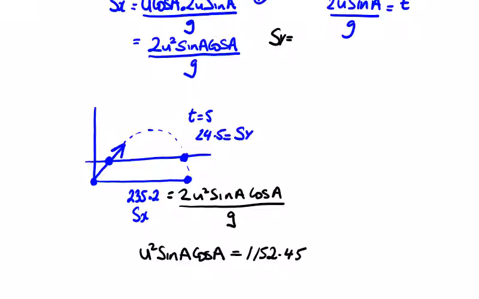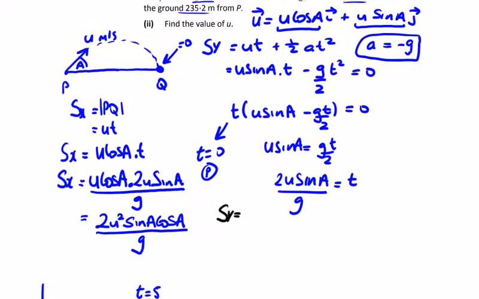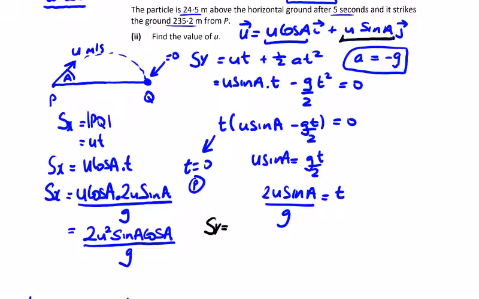S of y is 24.5, so ut plus a half at squared. Let me double check our u sine a, just to confirm our y direction. u sine a times t, which is equal to 5, minus a half at squared, so minus 4.9 by t squared, which is 25, is equal to, when t is equal to 5, we were told, 24.5.